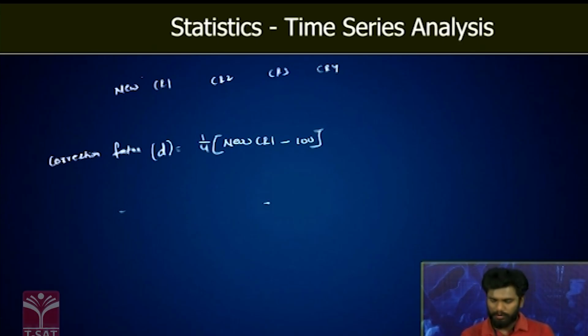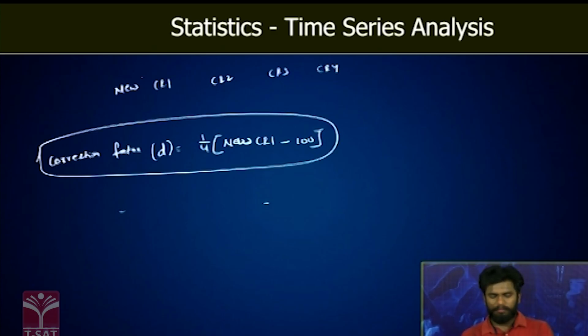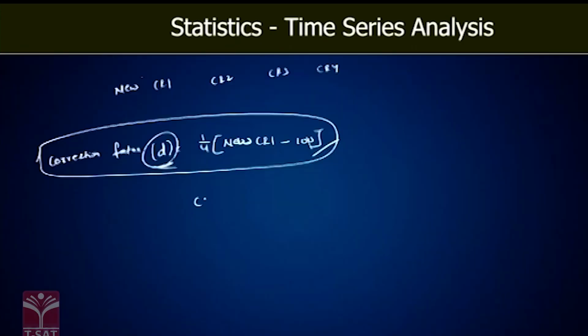This is also an important formula you have to remember. After finding the D value, D equals 1/4 into new CR1 minus 100. We know CR1, CR2, CR3 and CR4. This is 100, that is fixed. After the new chain relative for Q1, we have to find the D value. We should not change anything here. Just we have to find the D value.